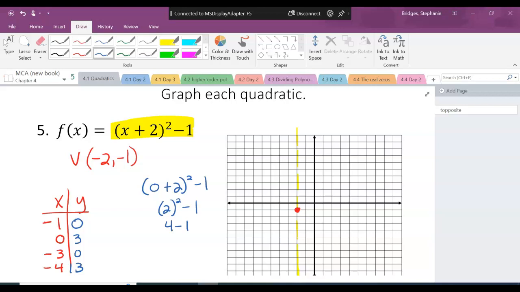If my A value, the number in front, is positive, my graph is going to open up. If my A is less than 0, or negative, it's going to open down. You can just pick out your vertex and then say whether it opens up or down.